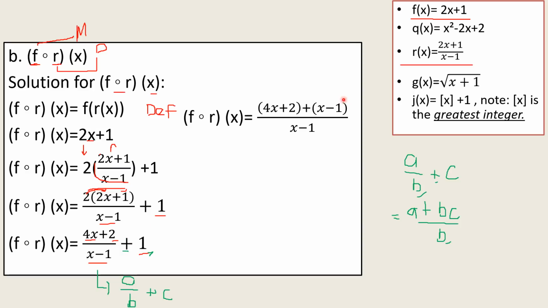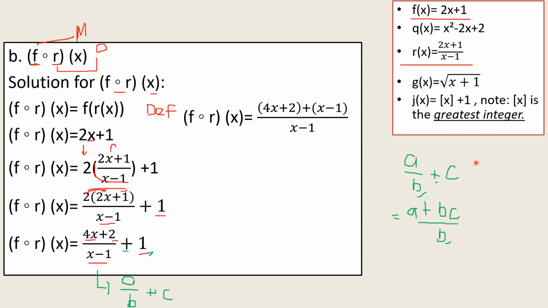How did we get this? We multiply x minus 1 by this term, 1. x minus 1 times 1 is equal to x minus 1, since it's just 1, so we copy it. Next process. How did we get this?